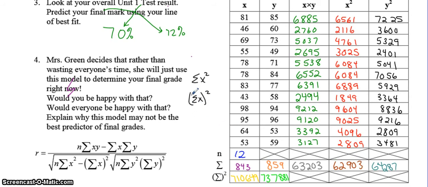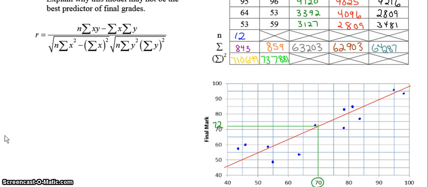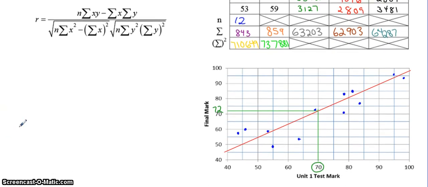This one here is the sum of the x's squared. So here's the sum of the x's, and here they are squared. So this one is the sum of the x squares, which is here. This here is the sum of the x's squared, which is here. And the same goes for the y's.